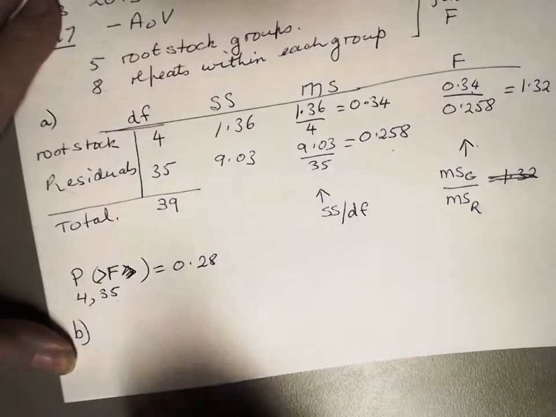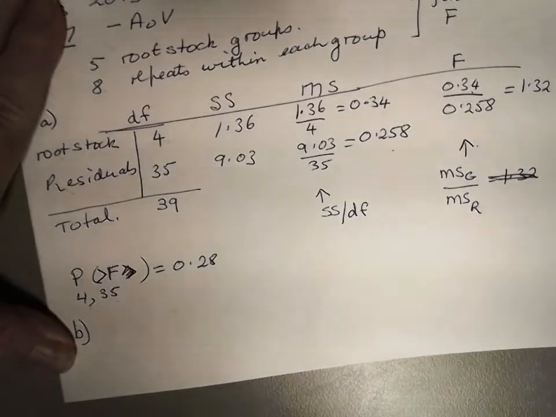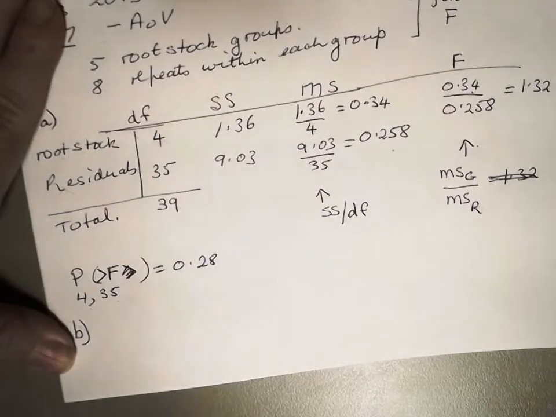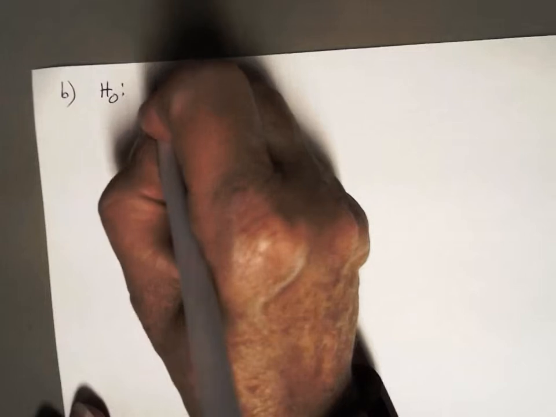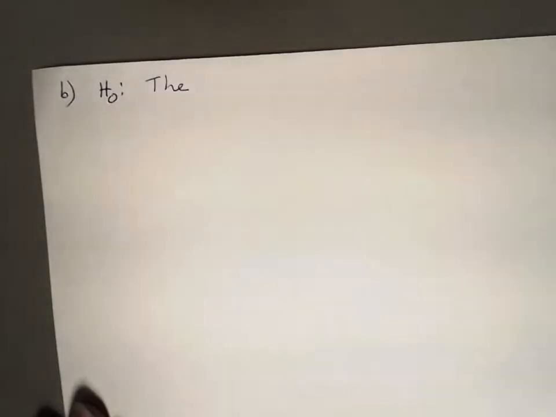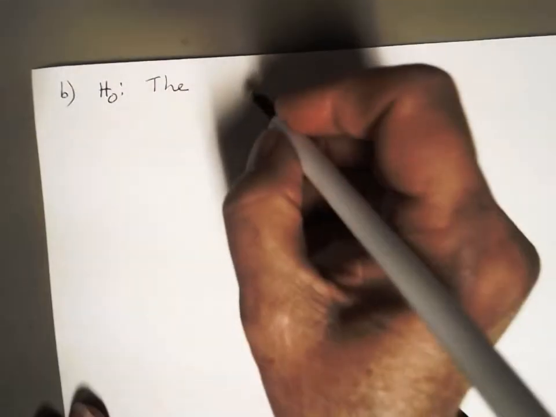The second part of the question asked to test for a difference in the mean extension growth among the 5 rootstocks. Well, I'm going to turn the page, take a new page, because what we're going to do first of all, to be able to test for a difference in extension, we need to test some sort of null hypothesis. So what is our null hypothesis this time? It's an analysis of variance, so we've got more than 2 groups. Our null hypothesis in general says that there is no difference or things are the same. So what are we looking at here?